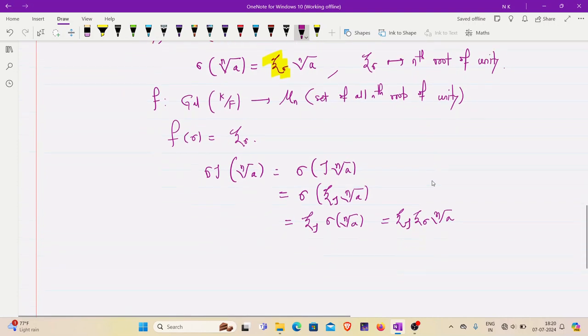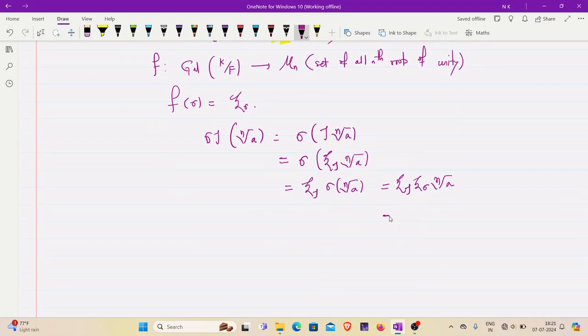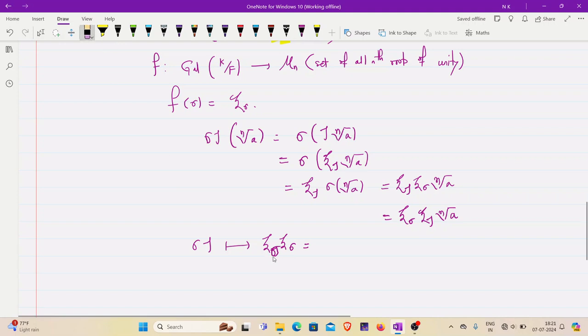But mu n is a cyclic group, it is abelian as well, so that's why we may write it as xi sigma into xi tau nth root of a. So the image of sigma tau is xi sigma xi tau.